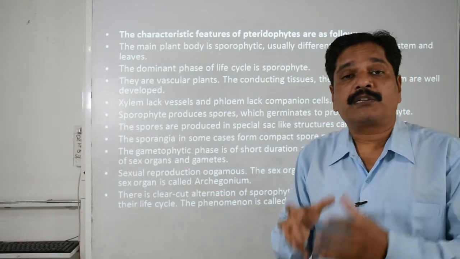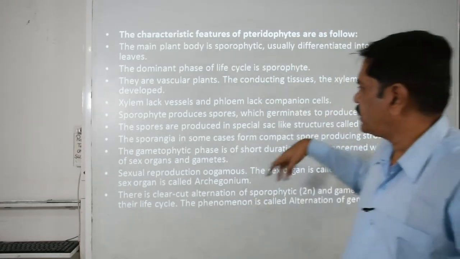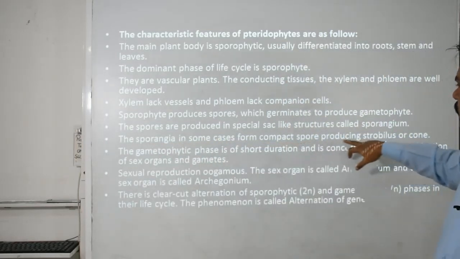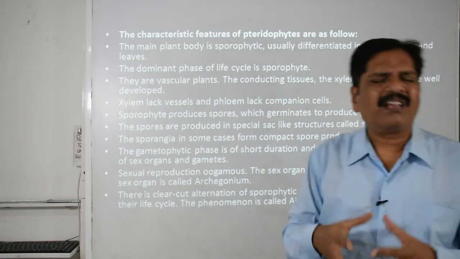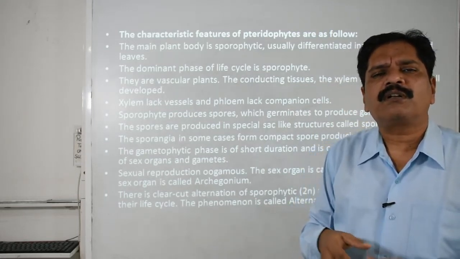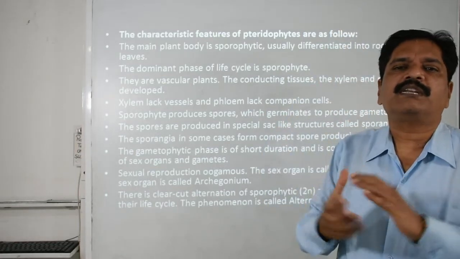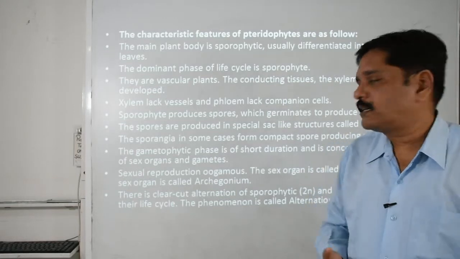Okay, which is responsible to produce the spores, is called a sporangium, right? Then the sporangia in some cases form compact spore producing strobilus or cone. Clear? Strobilus or cone means what? They have a cone like structure of leafy structure where they will produce this. So it is the strobilus and the cones.